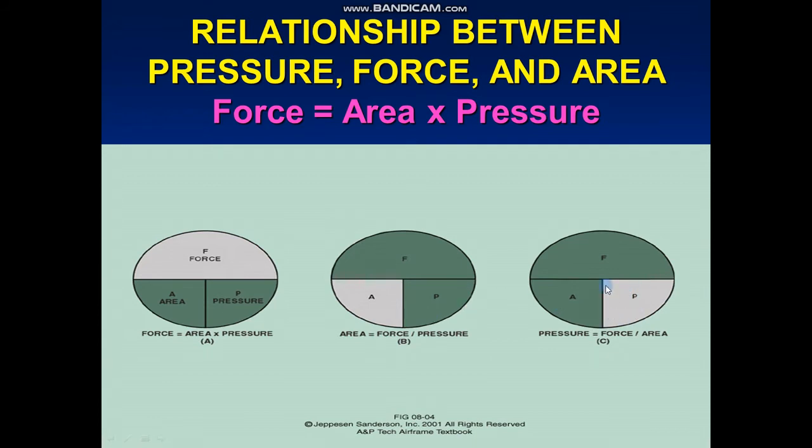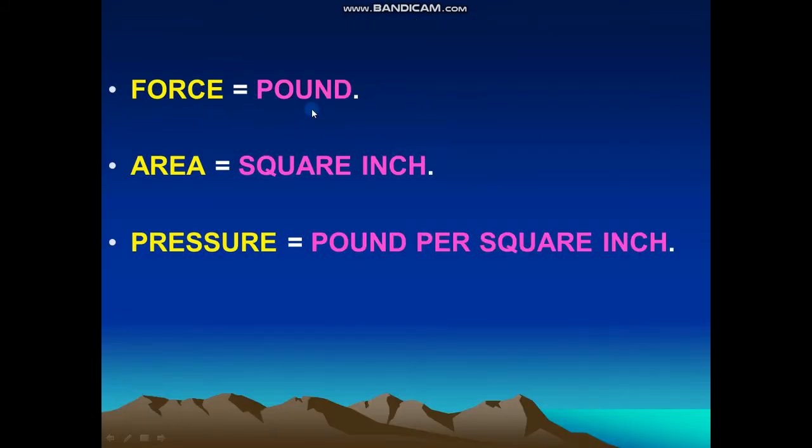You have to divide the force by the area. What about the units of each one? The force uses pounds. The area is square inches. The pressure is pounds per square inch, or you can say PSI.